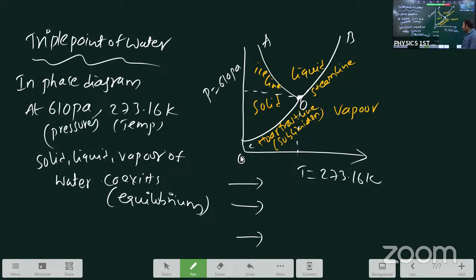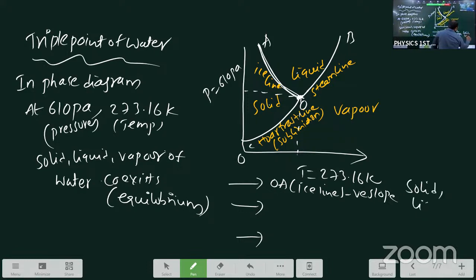Now see, students. OA, like this. This is OA, the ice line. Ice line has a negative slope, because it slopes to the left. Solid and liquid in equilibrium: what is the meaning of ice line? Solid and liquid in equilibrium state is there. That is the ice line.